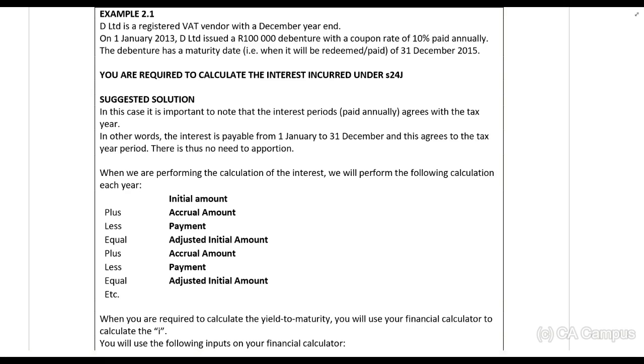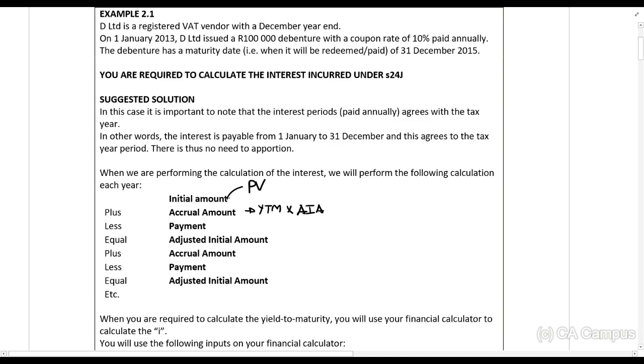Now, before I start going into this whole question, let's just have a quick little chat about that again. So the initial amount is your present value when you first issue this financial instrument. The accrual amount is the yield to maturity times the adjusted initial amount.